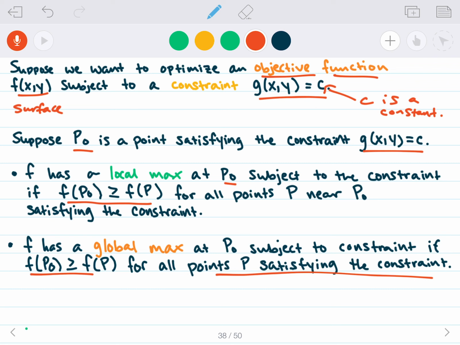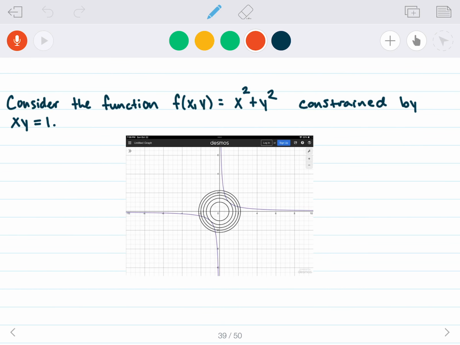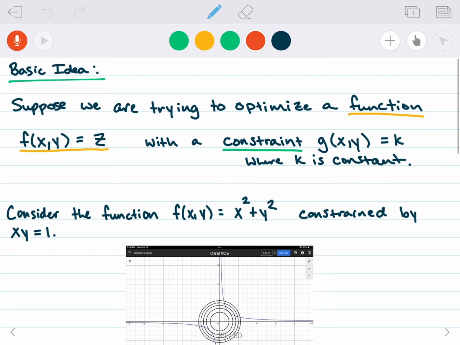Now this is just how we define these things, but let's talk about what this means a little bit intuitively. So here's the basic idea. I'm going to try to give you the intuition to show you why the formula we're going to use works with this example here.